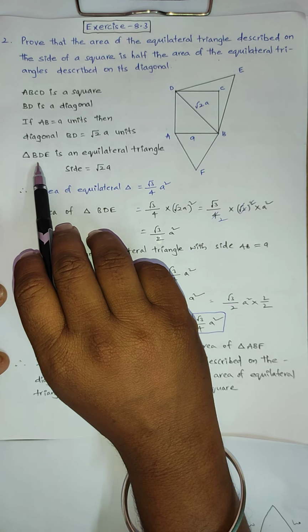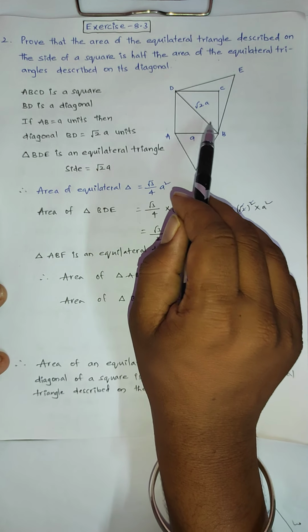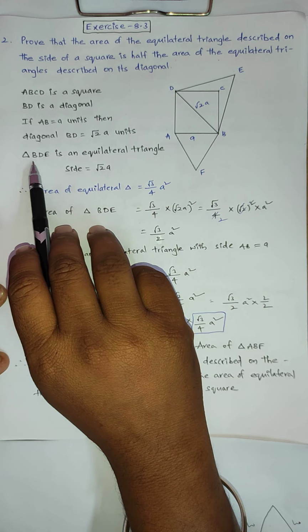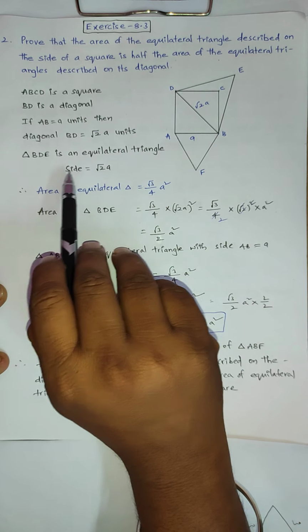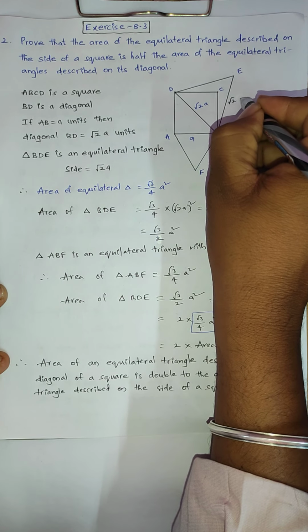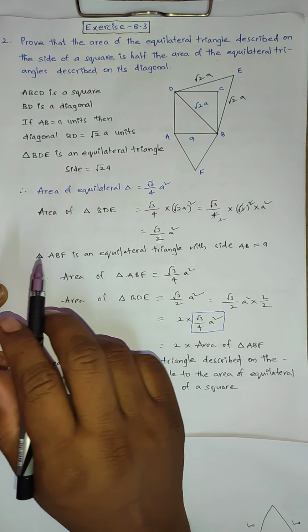Now triangle BDE is built here using this diagonal, an equilateral triangle. Triangle BDE is an equilateral triangle with side root 2A. This side is root 2A, this side also root 2A, this side also root 2A.